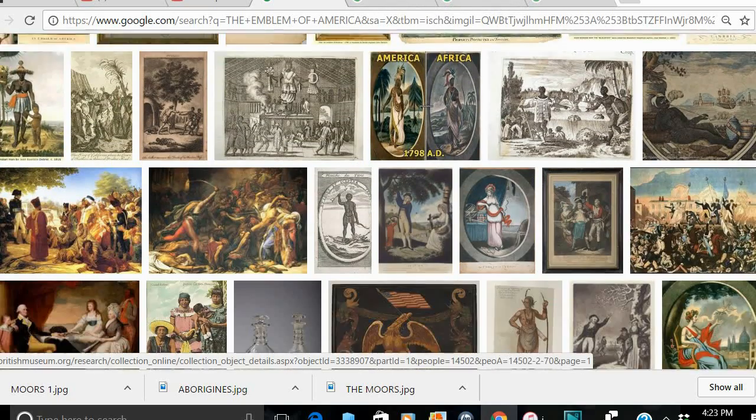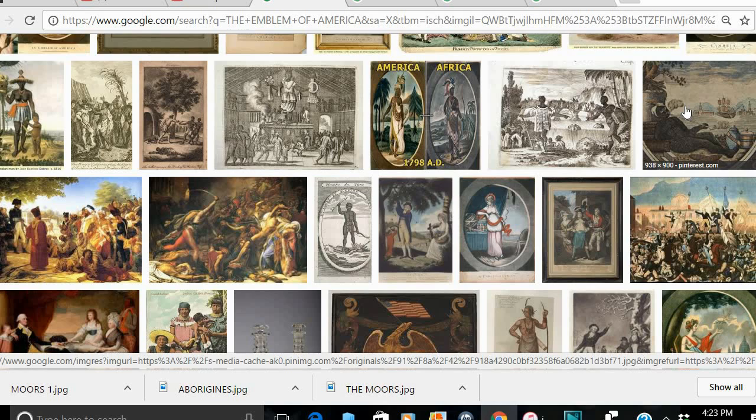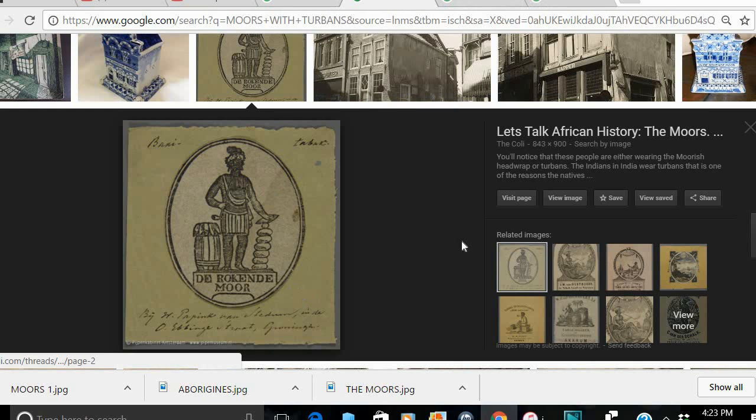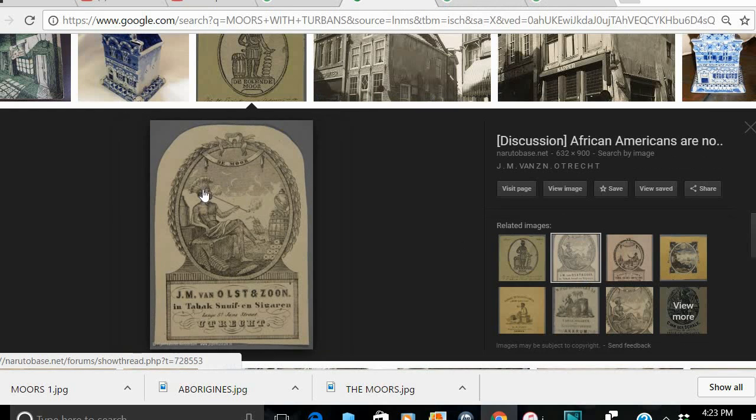Because look, listen, I'm just saying, man, somebody wrote about this and somebody called these people Moors, alright? Somebody called him a reclining Moor. You saw the picture I showed you right here? It says the Moor. It's calling all these people Moors. And you see this one right here, he's got the feather crown on, just like the ones in the pictures we see in the Americas, and he's smoking a pipe.